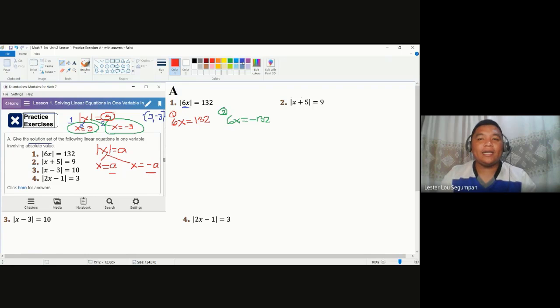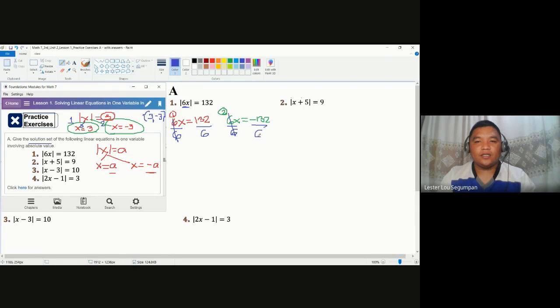What I mean here is dividing both sides by 6. We need to divide by 6 because we are going to solve for the possible value for x. We are also going to divide the other side here, because this is also 6x.